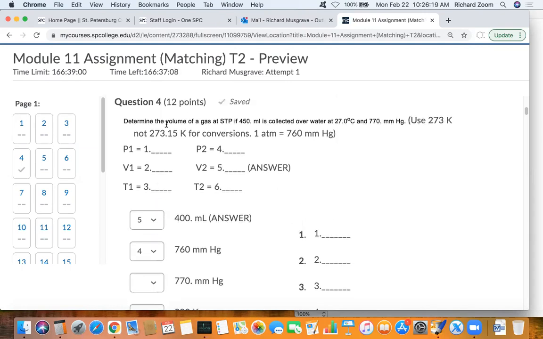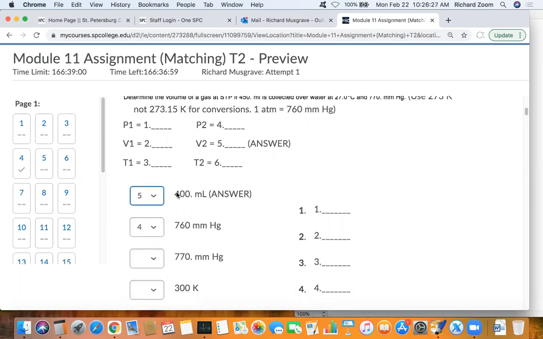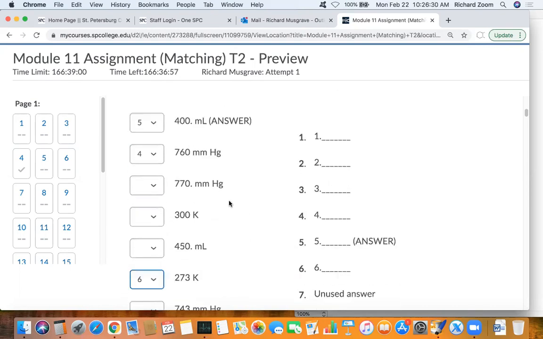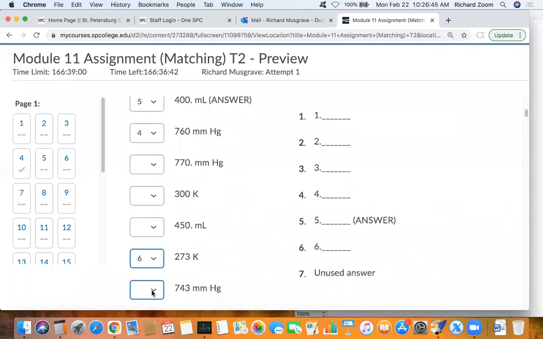And the rest of it says it is collected over water at 27.0 degrees Celsius and 770 millimeters of mercury. So the over water part means that we are going to have to subtract out the vapor pressure due to water at 27.0 degrees. So you should have that vapor pressure chart in front of you. That's 26.7 millimeters of mercury here, which would be subtracted.